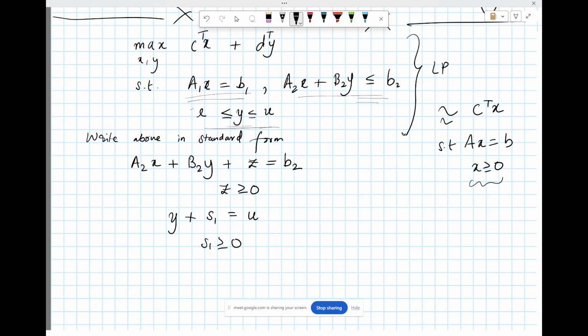For the lower bound, what we can do is y minus s2 equal to l, and s2 is greater than or equal to 0. This is s1, this is s2.